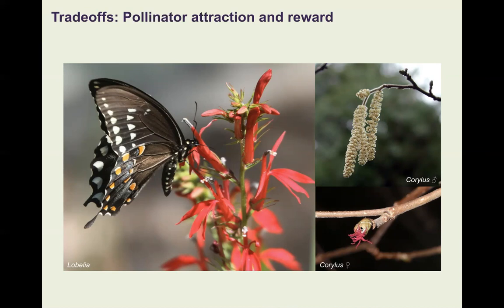So pollination can happen here with the wind without having to attract any animals. And I guess the trade-off is that they're not getting delivery, so instead they have to trust in a lot of pollen grains, and some of them are going to make it to where they need to be.